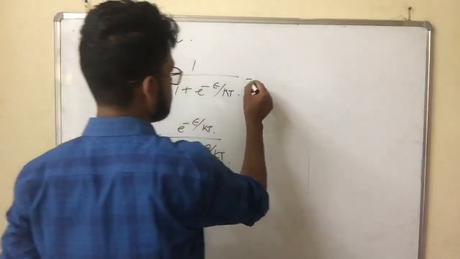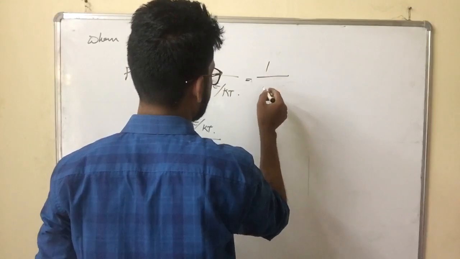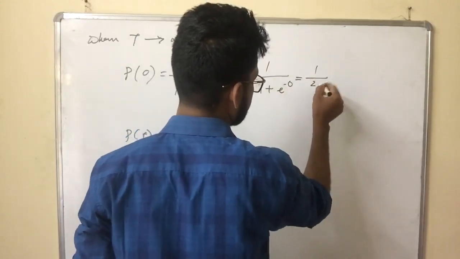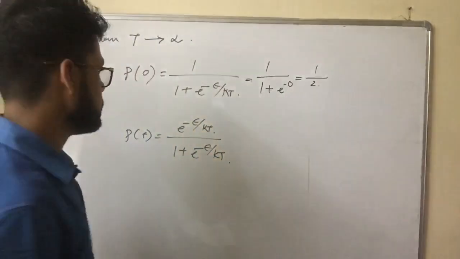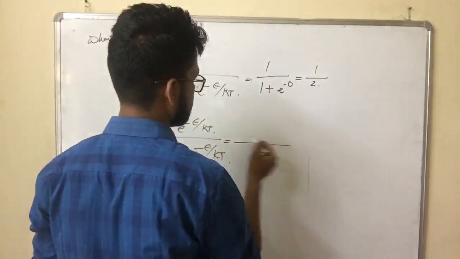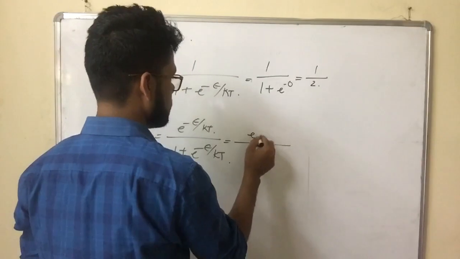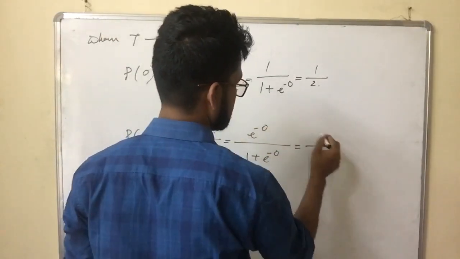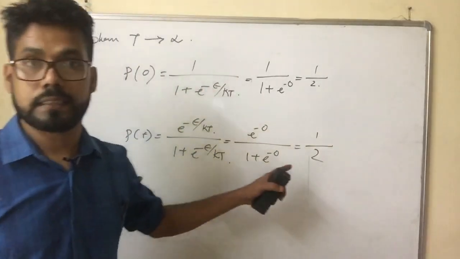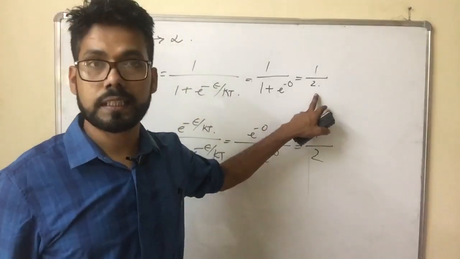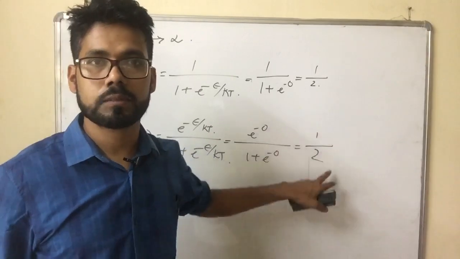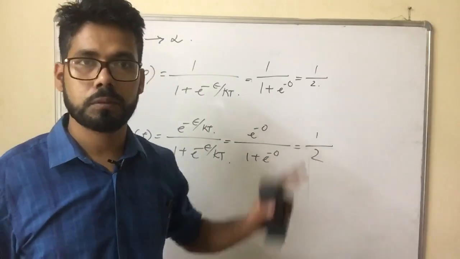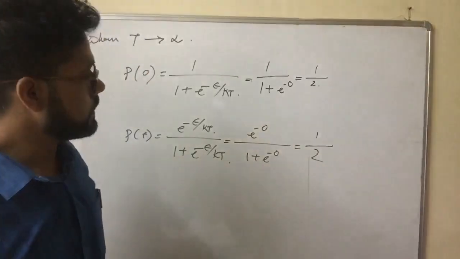So it will be 1 over 1 plus e to the power 0, equal to half. And P_E is e to the power 0 over 1 plus e to the power 0, also half. There is no need to evaluate this in the exam: once one state has probability half, the rest is also half, because total probability is 1.